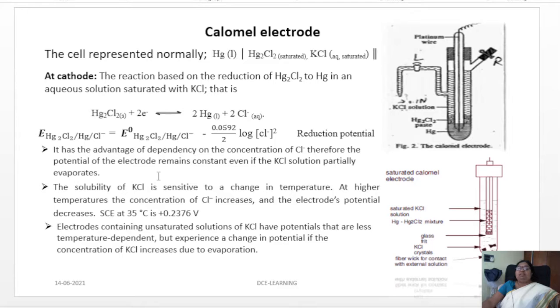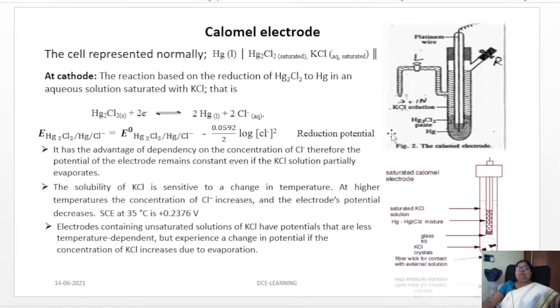Therefore, the potential of the electrode remains constant if the KCl solution is partially evaporated. The solubility of KCl is sensitive to temperature. At higher temperature, the concentration of chloride ion increases and the electrode potential decreases.